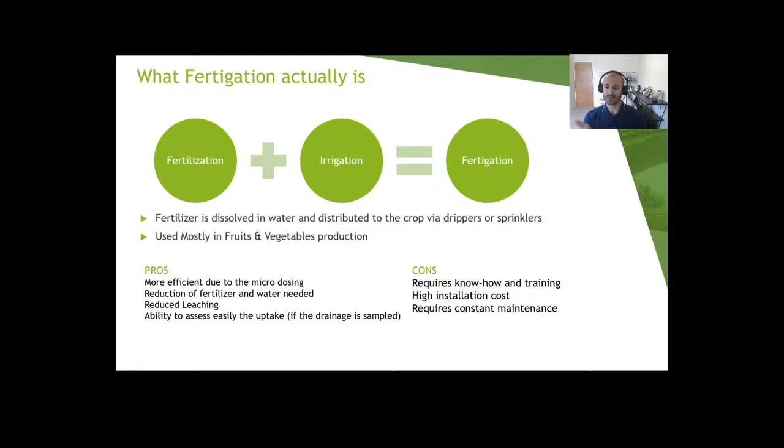So if you're doing fertigation in an open field, for example, you reduce the leaching. Also, if you are doing an open hydroponic, which I'll explain later what it is. Anyway, if you're measuring the nutrient solution that the plant is not absorbing, that you're losing, you are able to really understand almost in real time what the plant is actually eating or not eating, which is a very important asset in order to adjust the plant nutrition.